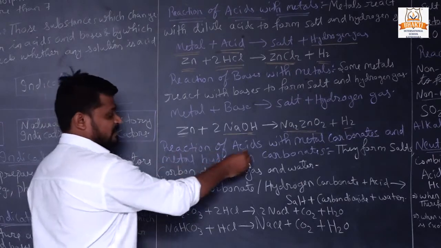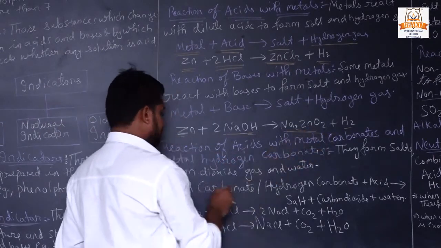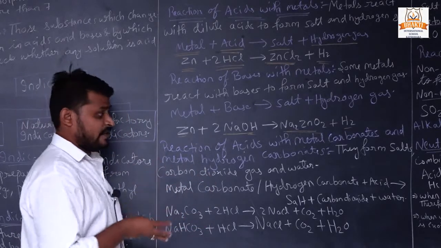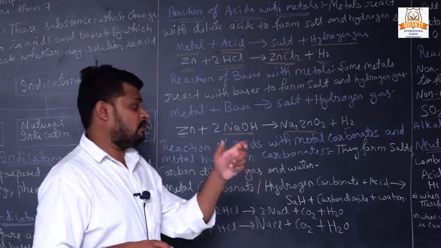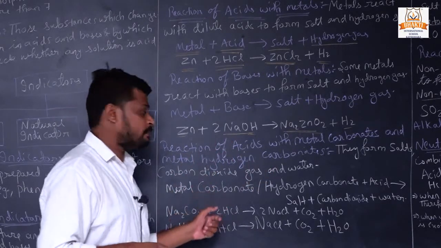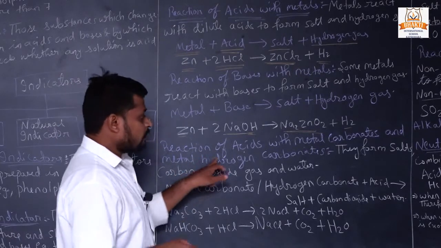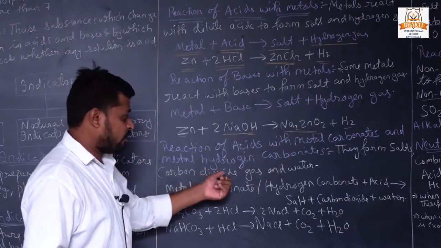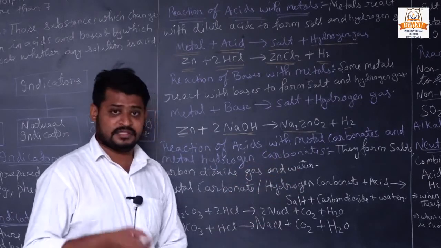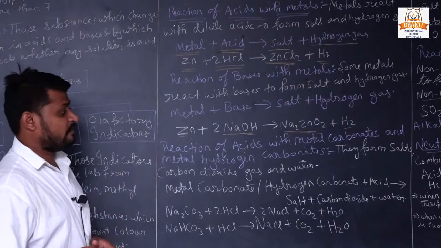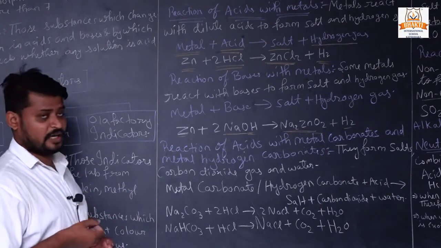Reaction of acid with metal carbonates and metal hydrogen carbonates. When acid reacts with metal carbonate, or instead of metal carbonate, with metal hydrogen carbonate, it forms salt, carbon dioxide gas and water. These three things we get when acid reacts with metal carbonate or metal hydrogen carbonate.